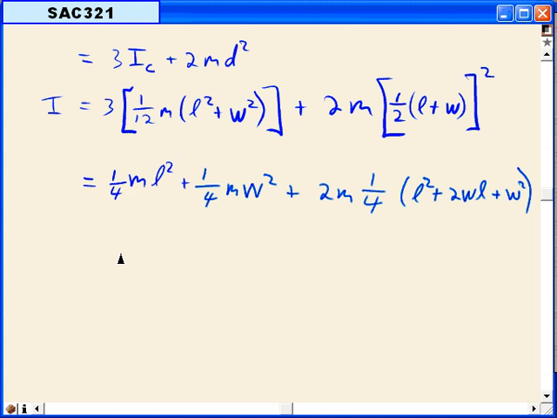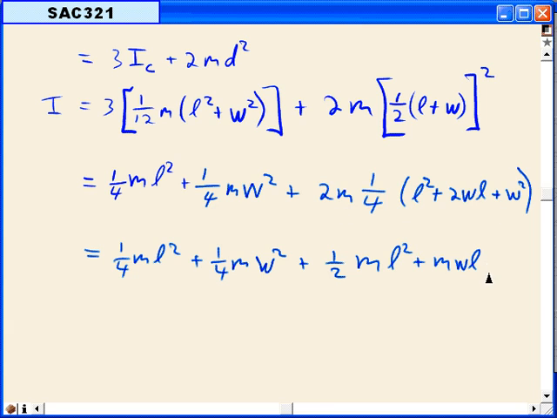So we got an m everywhere. I think what I'll do is multiply this out, just simplify that piece. So for now I'll keep this the same. One half m, it's 1/2 m times each of these terms, so 1/2 m L squared plus 1/2 m times this, which will just be m W L, plus 1/2 m times this.